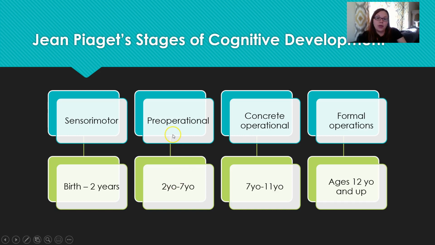Now we get to pre-operational, and now we're looking at 2 to 7. So that's kind of a big age range, right? Pre-operational covers this long-standing period where they are rapidly learning and growing, but there's a specific context to how they think.